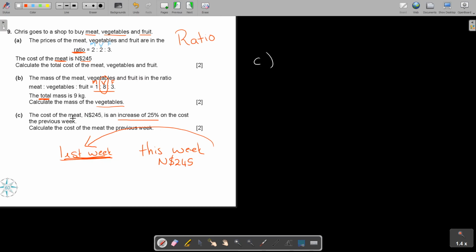The cost of the meat is an increase of 25%. So it was 100, but then it was increased, not decreased. I put units at the back, but not now. Calculate the cost of the meat of the previous week. So reverse percentage, 100 on top.